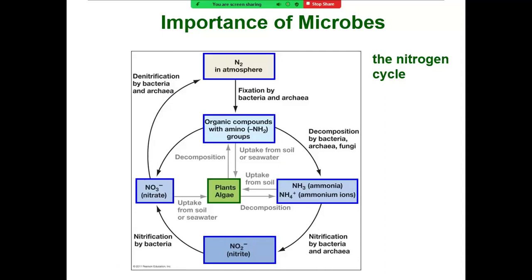Any questions about any of that? So that's the nitrogen cycle, and then that starts the whole cycle again. The nitrogen can be fixed by bacteria and archaea into an organic compound.